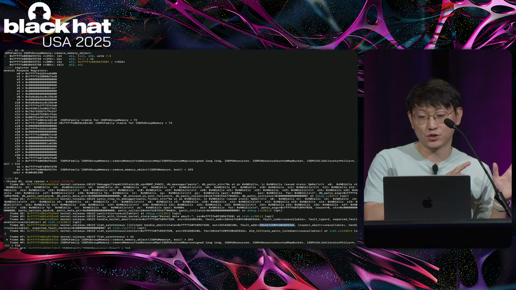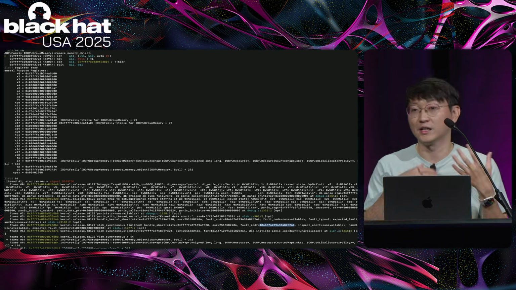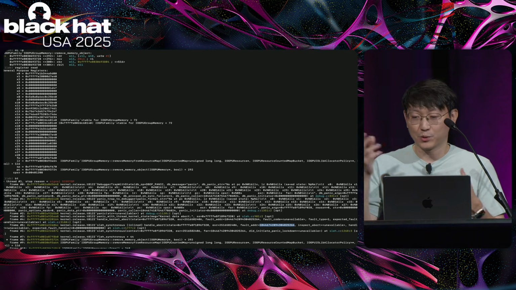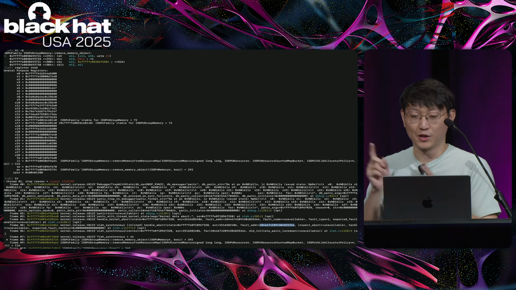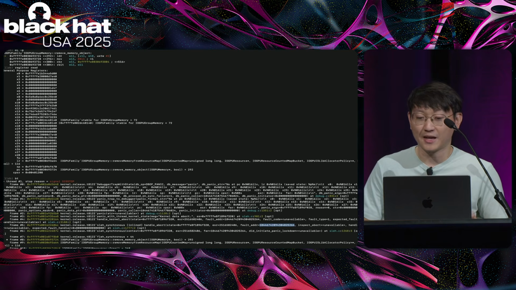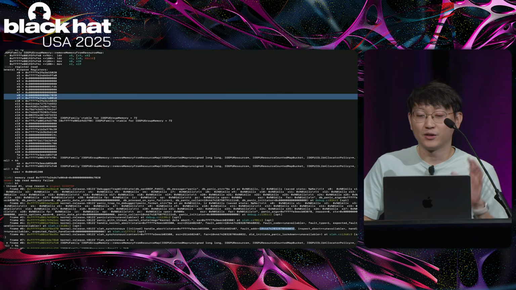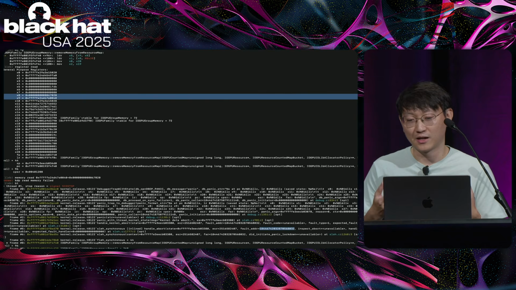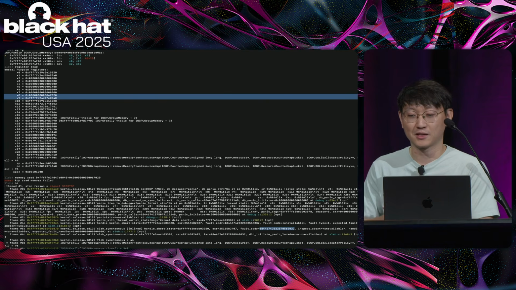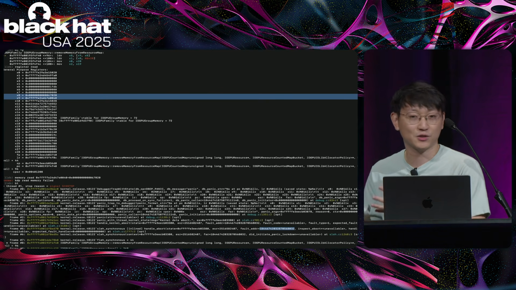So here's the screenshot of the crash for our initial POC. We didn't submit this one because we know for sure Apple would simply treat this as a local denial of service. So instead, we have done a lot of work to refine the POC to demonstrate that this is actually exploitable.